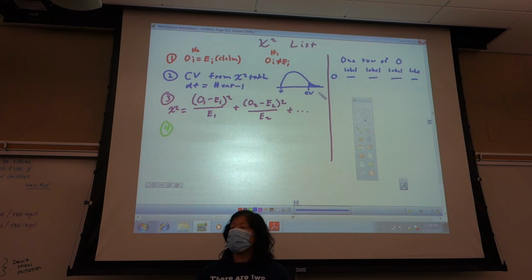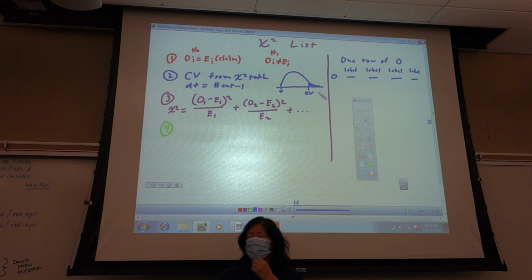If the observed and the expected were exactly the same, then what would happen when I took the observed and subtracted the expected? What do I get? 0. Does that make sense? If the observed and the expected are equal, then when I subtract them, I get 0. Then when you square 0, you get 0. You divide by something, you still have 0.